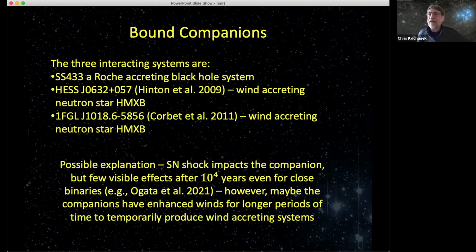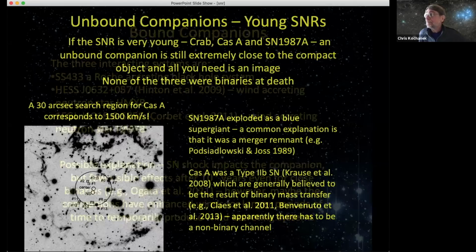That might give you a sensible way to have lots of wind accretion binaries associated with supernova remnants for tens of thousands of years. But no one's actually gone beyond that idea. Someone has to sit down and actually see if that's a sensible thing to happen.